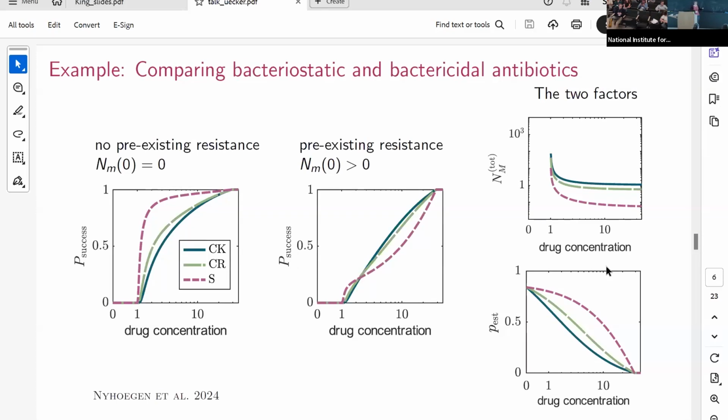You can see here now, if the drug concentration is high enough, this bacteriostatic drug gets the worst option, and the drug that's killing independent of cell replication is the best treatment option, because that one has the lowest establishment probability. That becomes even more important if you already have resistant bacteria present at the time of treatment onset. So this is one of the advantages of this approach, that we can better understand how these results come together.